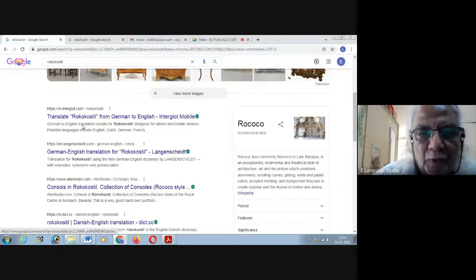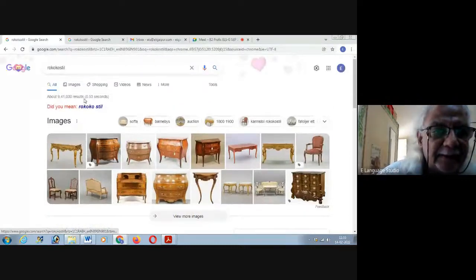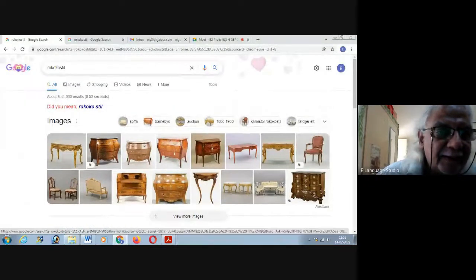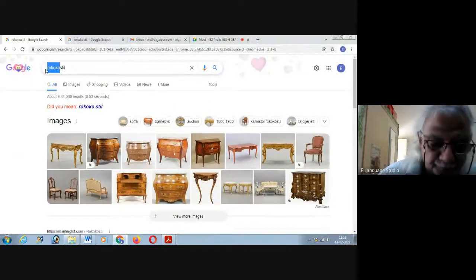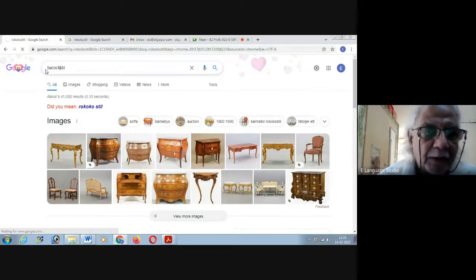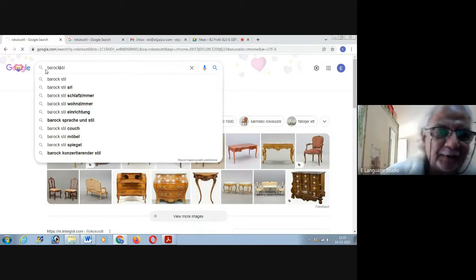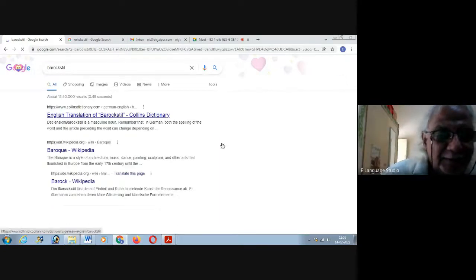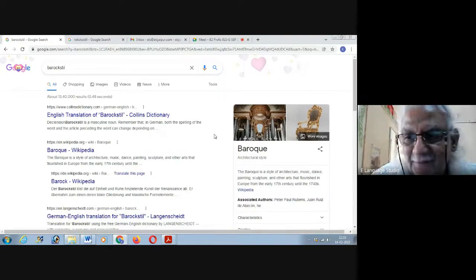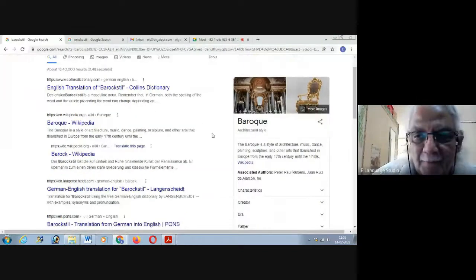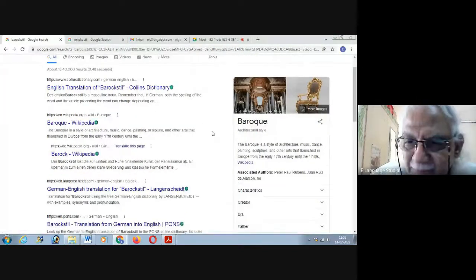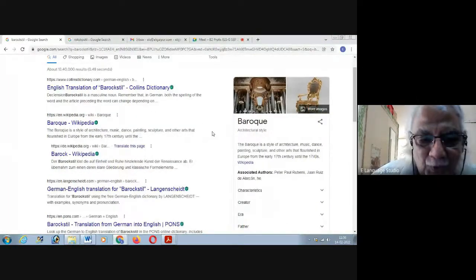So Rococo is some extra detail. So let's try the other word. Baroque came before Rococo. This also had elaborate things, but not as elaborate as Rococo.